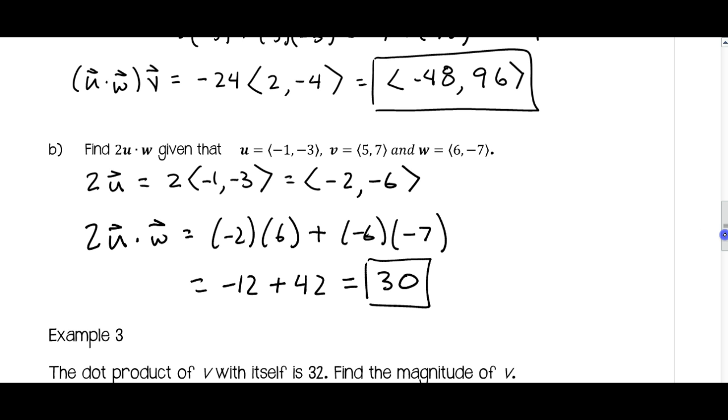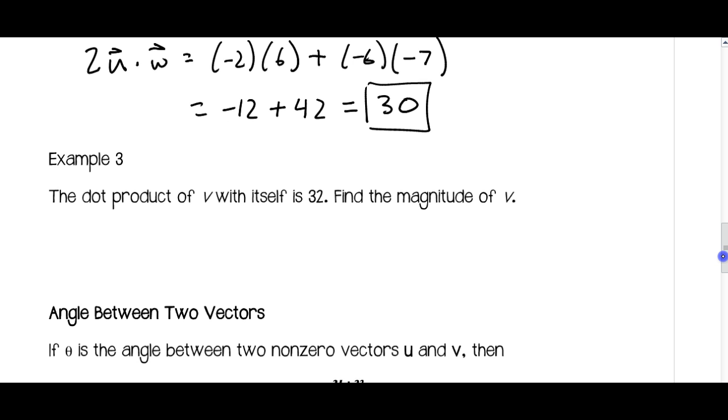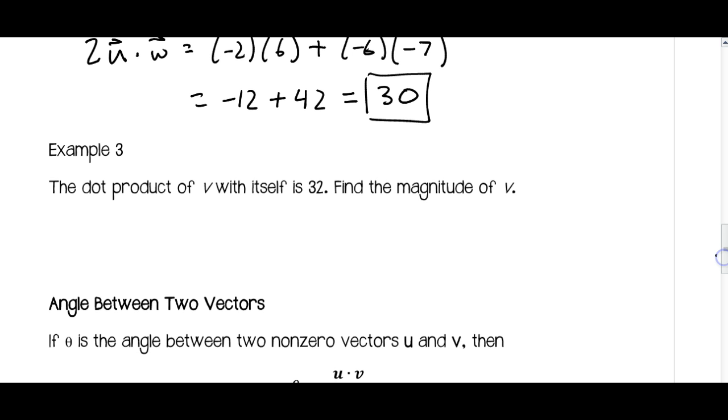Okay, moving on to example 3, we're actually going to use one of the properties of dot product here. So let's read the problem here. We have the dot product of v with itself is 32, and we just want to find the magnitude of v.